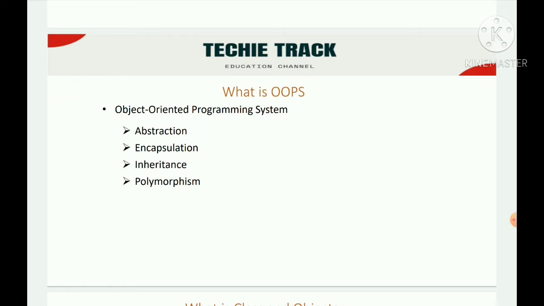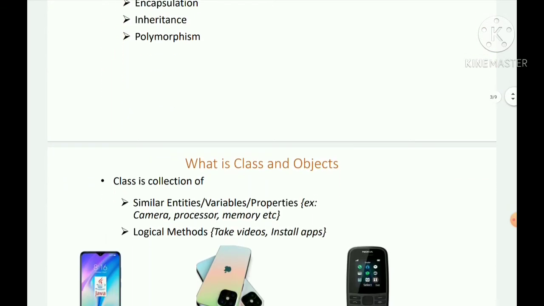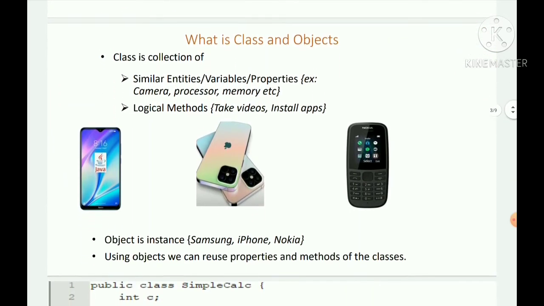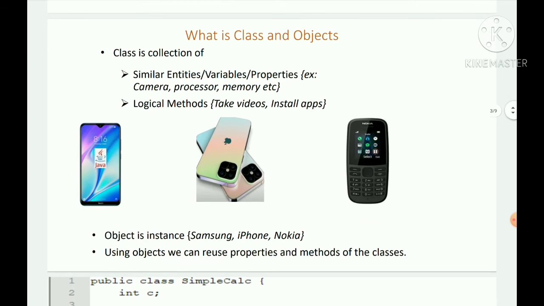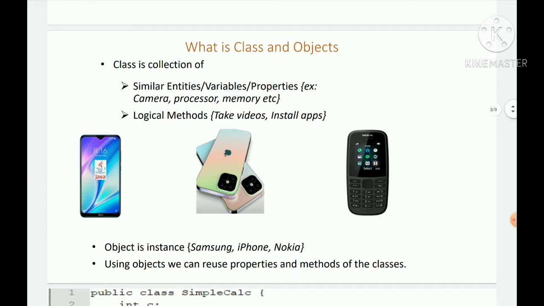Let's see that. First of all we need to understand what an object is and how we can write the orientation and programming. So what is a class? In Java, if you go through my previous video, I gave a sample program to print hello world. It's a very simple program and I wrote it inside the class.